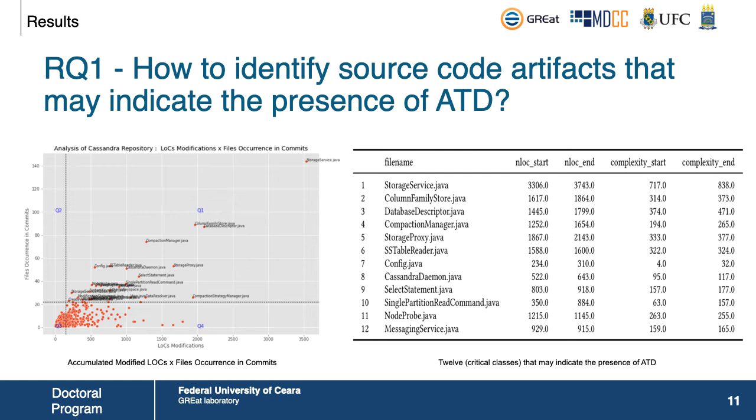As we can see in the scatter plot that represents the relation between accumulated modified lock and file occurrence in commits, we can observe the critical classes in quadrant 1, that is, a high number of accumulated modified locks and a high number of file occurrences in commits. As we can see in the table, the 12 critical classes increase in lock and cyclomatic complexity over time.